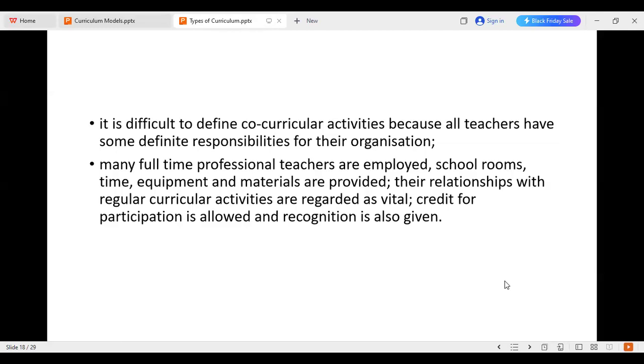It is difficult to define co-curricular activities because all teachers have some defined responsibility for their organization. Many full-time professional teachers are employed. School rooms, time, equipment, and materials are provided. Their relationship with regular curricular activities is regarded as vital.